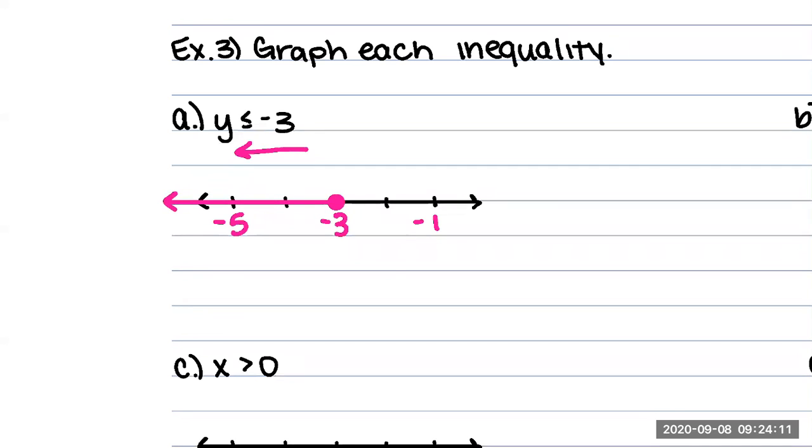Now, if you see here, it's very important the way that you draw these lines and where you put these circles. Your closed circle or your open circle has to be on the number line. Your line can either be on the number line or above the number line, but it has to connect to that circle. So if you wanted to take this number line and pull it up here, that's fine as long as it connects to the circle.